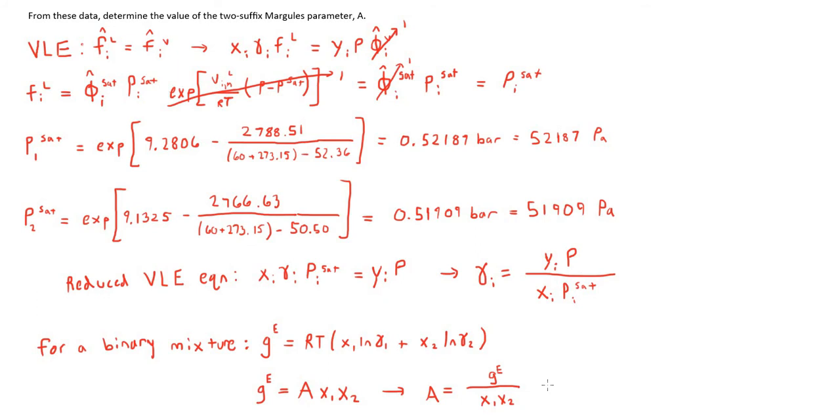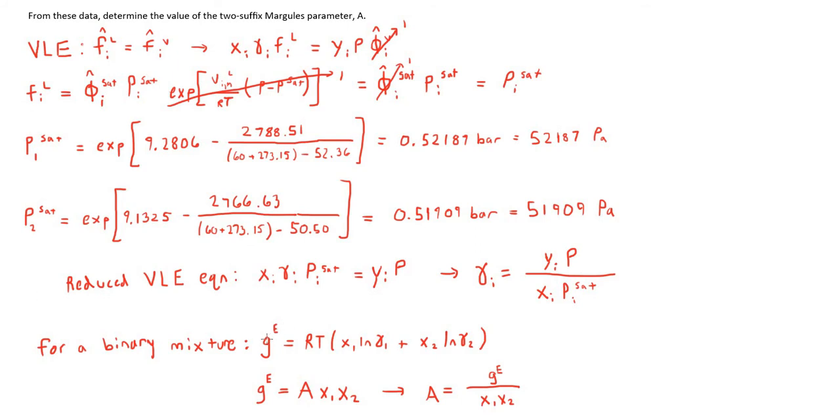Since we're given multiple data points from the problem statement, the procedure that we're going to take is we're going to use the equilibrium data to calculate the activity coefficients of each species at each data point, then use these calculated activity coefficients to calculate the excess Gibbs energy.